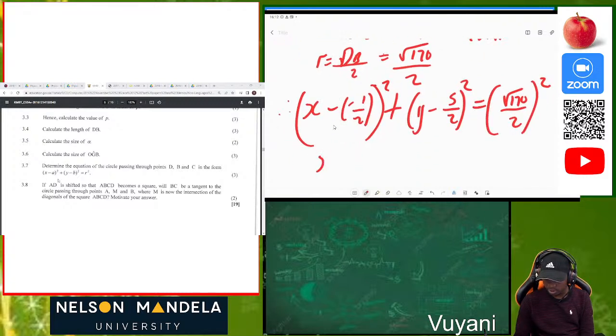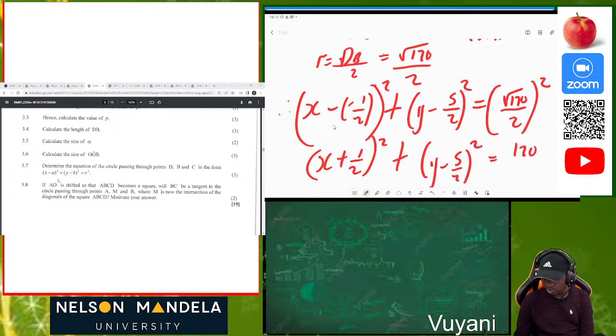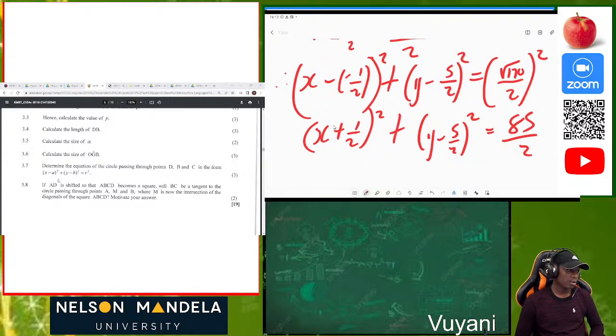Then that will be (x plus 1/2) squared plus (y minus 5/2) squared is equal to 170/4. When you reduce this, dividing by 2, you have 85/2. Let's use the reduction way. Okay, then that will be our answer.